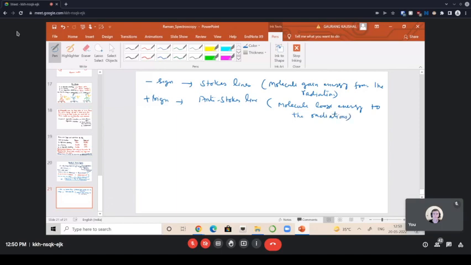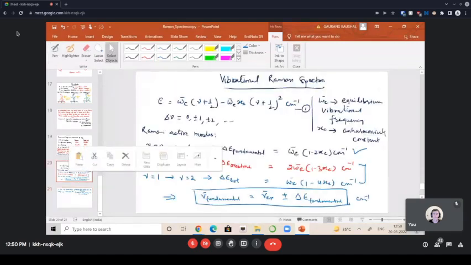Okay, so this was the mathematical expression for the vibration Raman spectra, where we will have the fundamental. We are discussing only fundamental transitions, which have the intensity that can be observed in the spectrum.